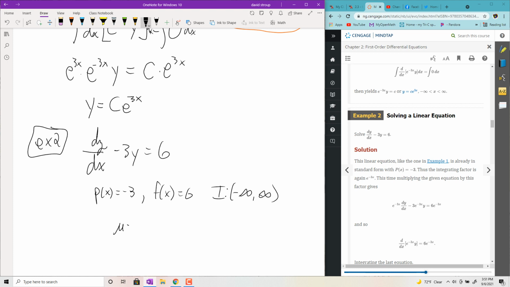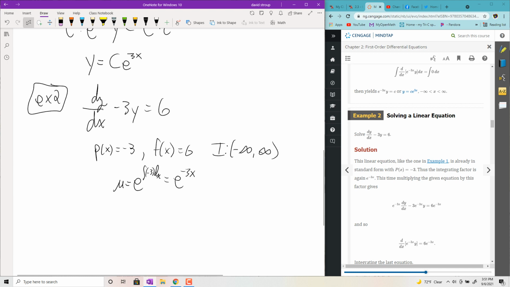Our mu is going to be the same as before, e to the integral of negative 3 dx. So that'll be e to the negative 3x. And then I need to multiply the original form by e to the negative 3x.